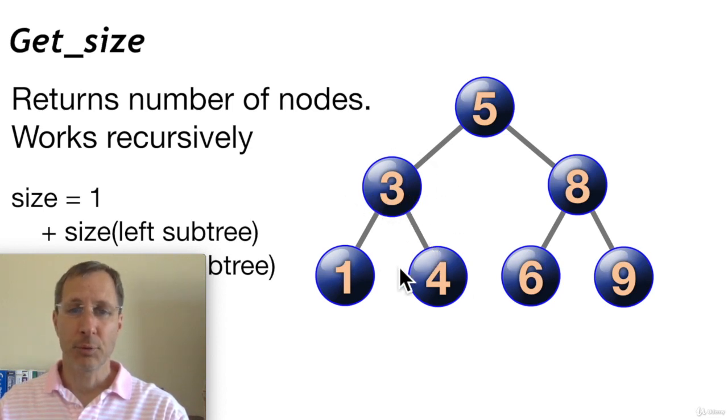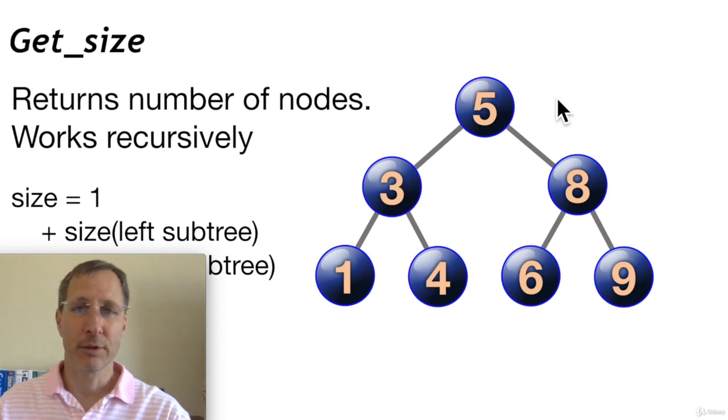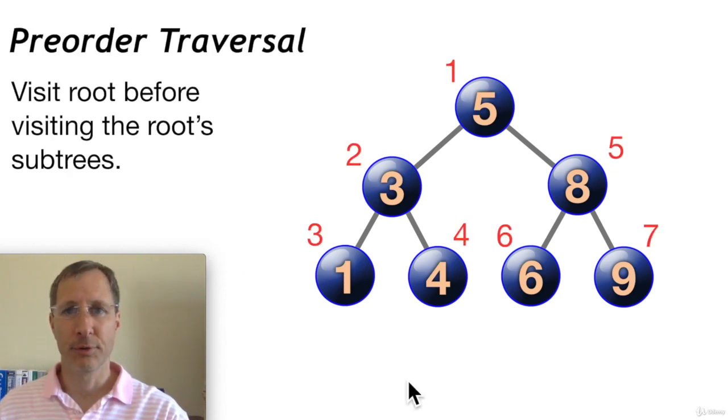The size of the 3 subtree is 1 plus the size of 3's left plus the size of 3's right subtrees. So we call the getSize function recursively as we descend down the tree, and eventually we get down to leaf nodes and we return a 1. Oh yeah, this is a leaf node, size equals 1. And so all those 1s get added back up as we retreat back from the call stack. Now let's talk about traversals.